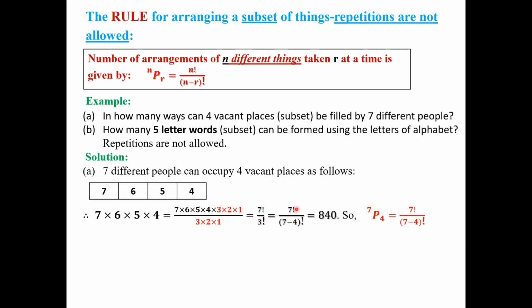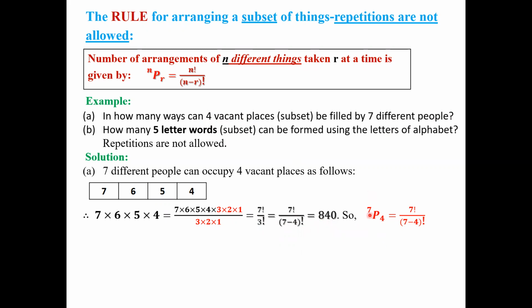So at the end, if we had used this approach, now using the rule directly, you take the 7 different people over 7 minus the subset you are going to have of the 7, which is 4, and it gives you the same answer.